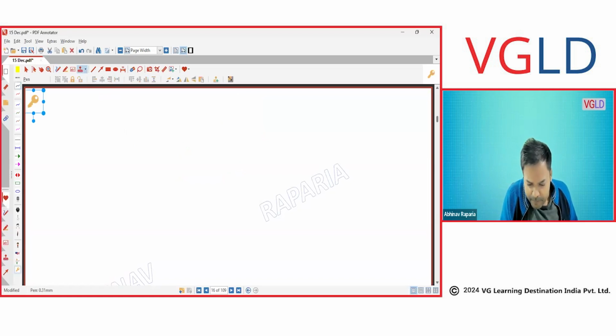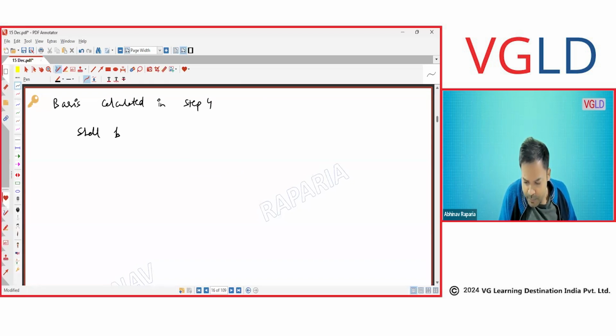Basis calculated in step 4 shall be used for depreciation calculation by the company.